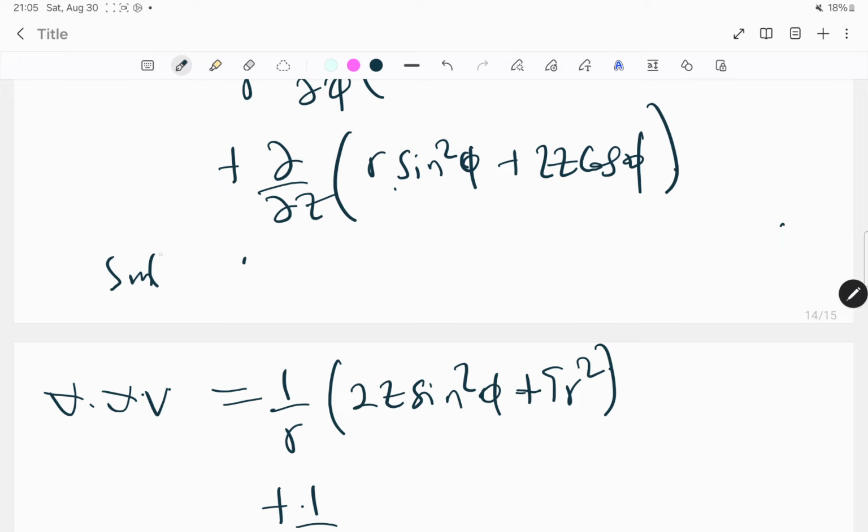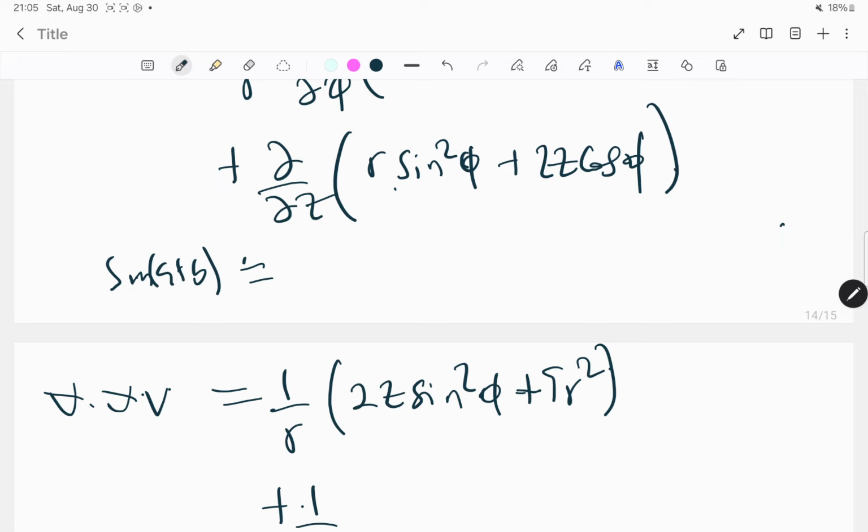If I have sine A plus sine B, what do we get?